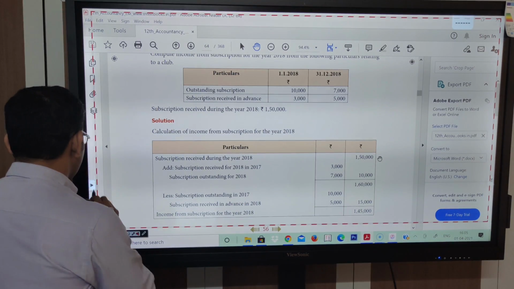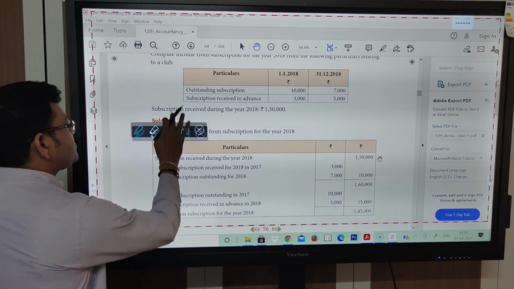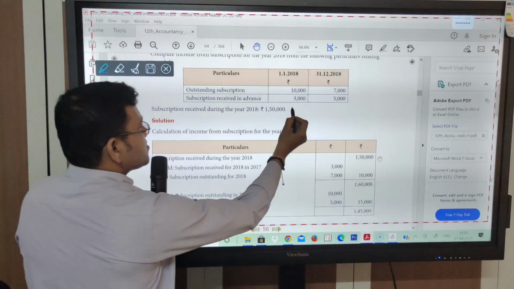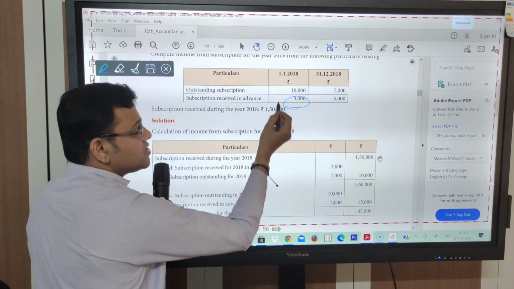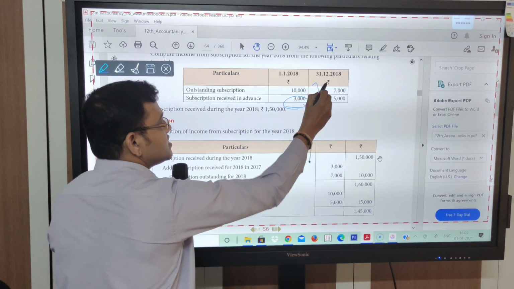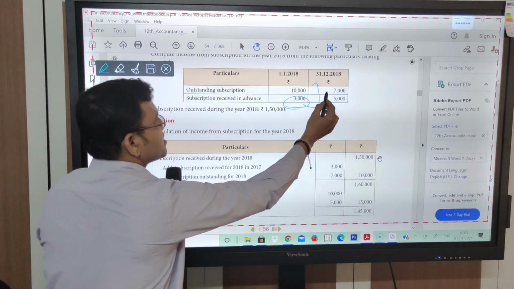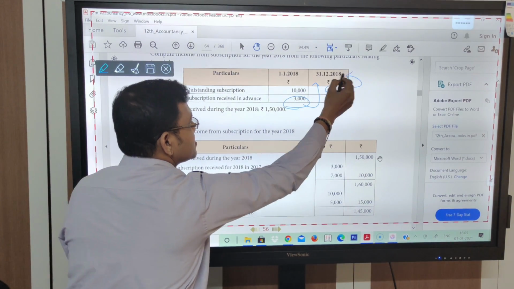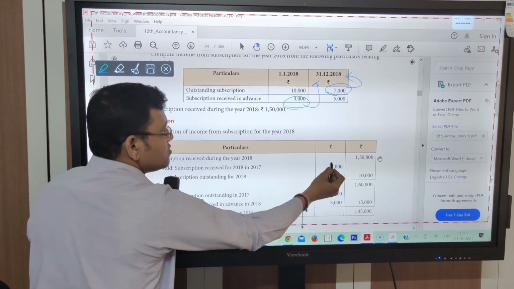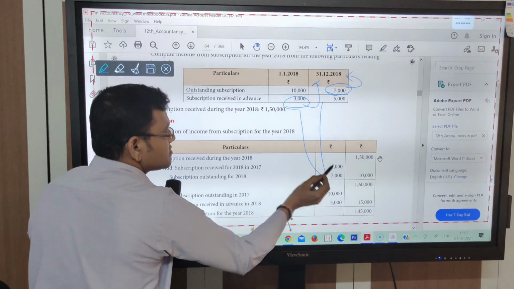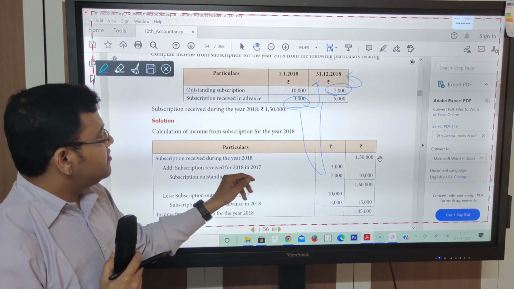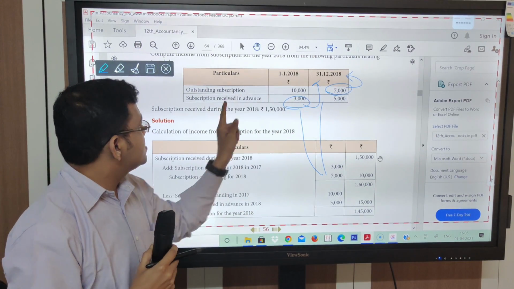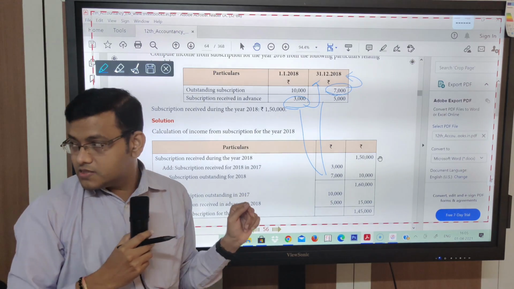Okay, so from this table I'll tell you how to find it out. So this is subscription which is received in advance. So this is for which year? This is for next year. And outstanding subscription of 7,000 is also for this year. So we have to take only these two over here, right? So this advance received will be over here, and which is outstanding also will be part of this.